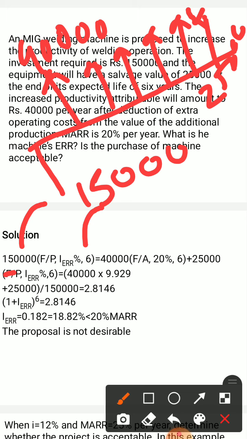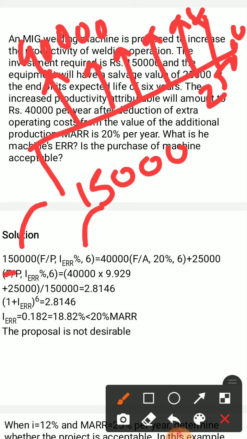But as here we equate both the cash outflow and cash inflow, we consider it as equal to. If you move this 1,50,000 to the right hand side, it will be considered as minus 1,50,000. That we observed in the internal rate of return or in previous calculations.